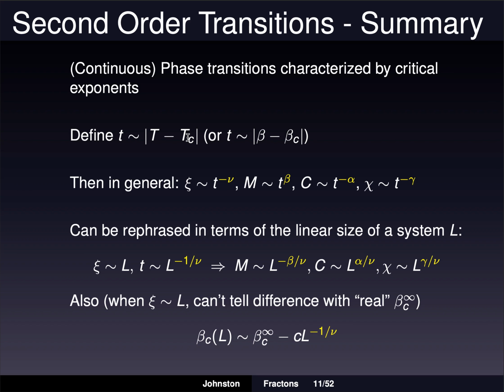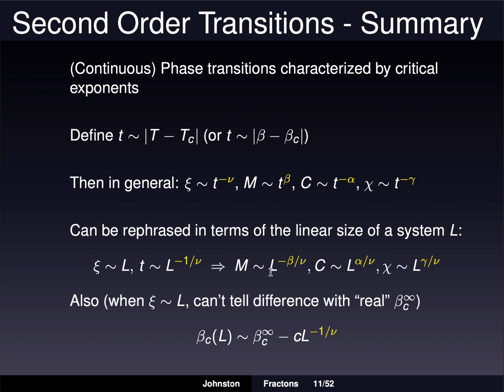The biggest it can get is the size of the lattice L. So that means that the effective maximum correlation length in a system of linear size L is just L. So I can turn around these relations that give the critical exponents in terms of t and use this to rewrite all of these divergences and vanishing relations, giving the critical exponents, to relations in terms of the linear size of the system.